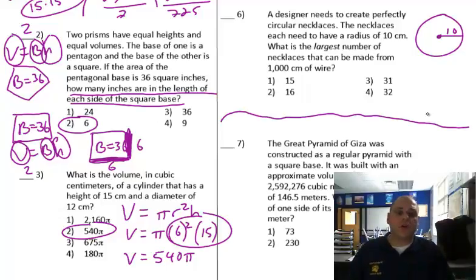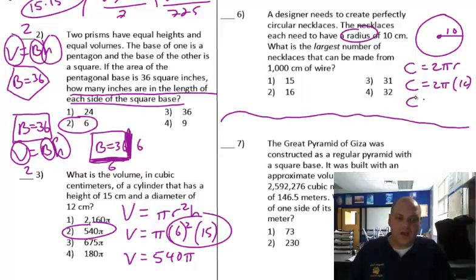Circumference is 2 pi r. 2 pi times 10, that's 20 pi. So the circumference of each necklace, all the way around, is 20 pi.